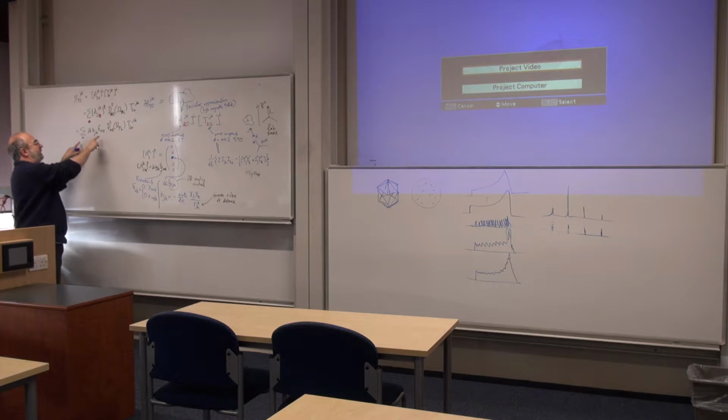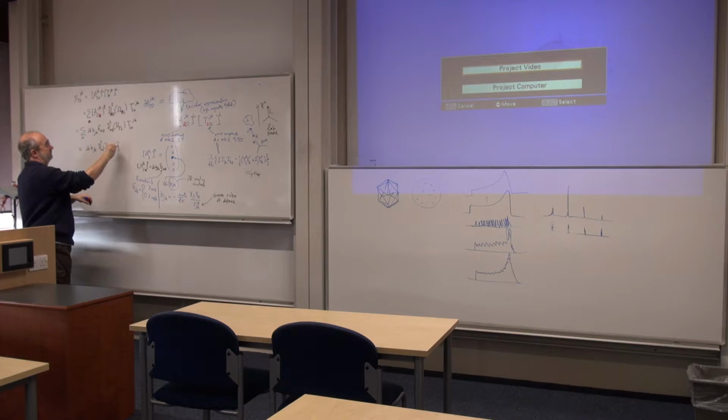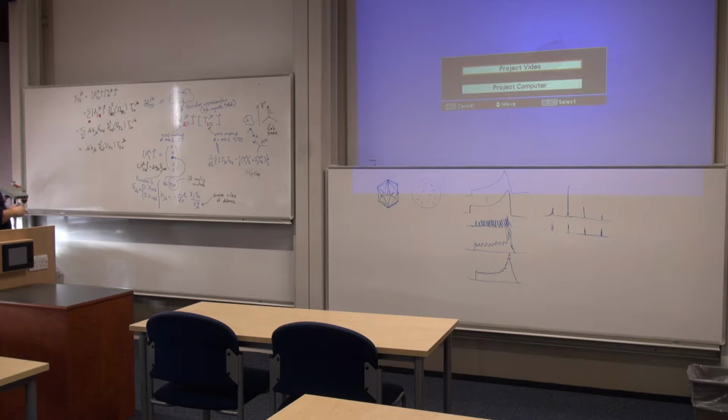And whenever you have a sum over a Kronecker delta, that means that the terms in the sum vanish unless m equals 0 in this case. So then I can just remove all the other terms, like that.